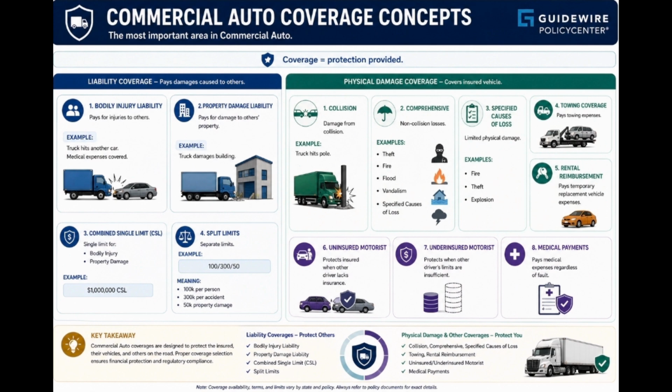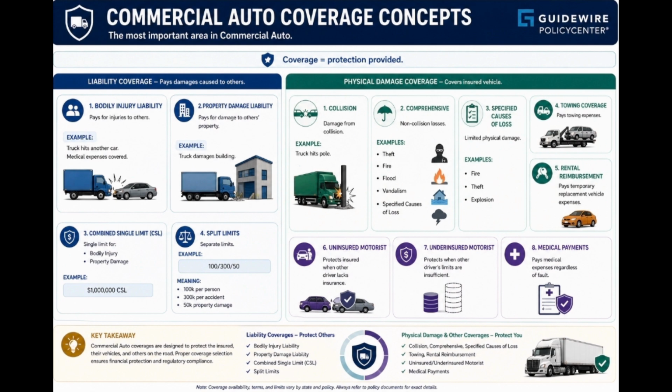Bodily injury liability covers costs related to injuries suffered by third parties, such as medical expenses, lost wages, rehabilitation, and legal expenses. For example, if a truck hits another vehicle and occupants are injured, this coverage pays their injury-related costs. Property damage liability covers damage caused to another person's property, such as vehicles, buildings, fences, or infrastructure.